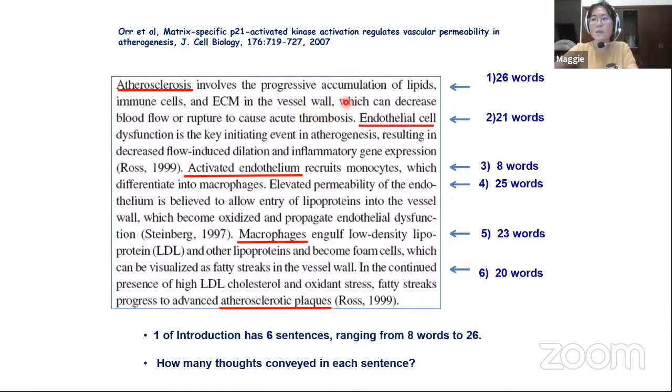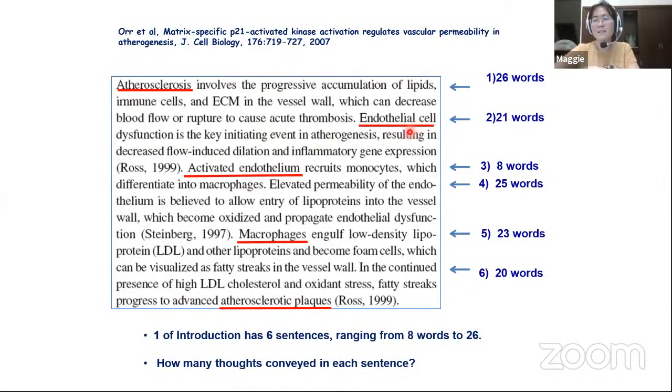This accumulation can decrease the blood flow or rupture to cause acute thrombosis. So there's only one idea: the accumulation of some things in the vessel, which can decrease the blood flow and cause acute thrombosis.